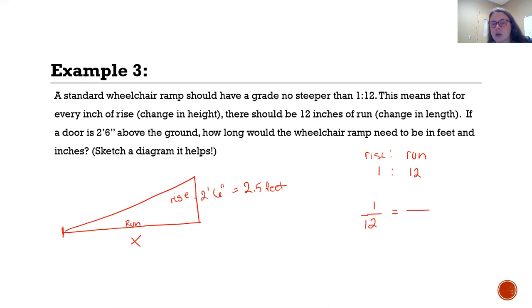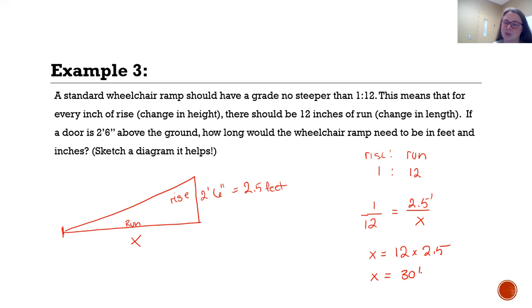Let's look at our question. Well, we know that this ramp has to go up 2.5 feet, so that's going to be a rise, so we're going to match that with rise. And then our run is what we don't know, that's going to be our x. So 1 times x is going to be 12 times 2.5. X is equal to 30 feet.